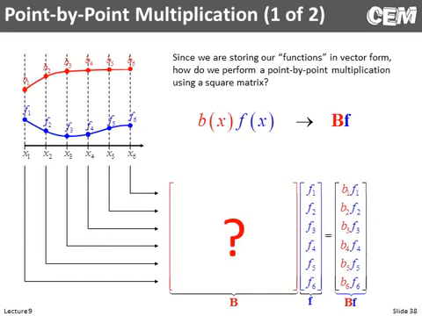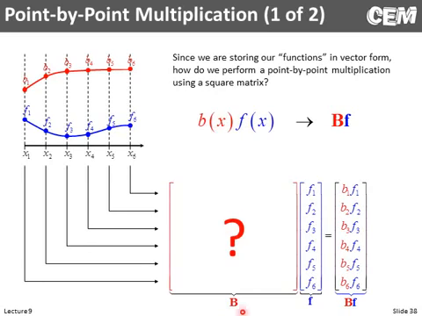The first and simplest of the matrix operators is a point-by-point multiplication. So we're going to store our function in a column vector. That'll be the f's. This is an operation being performed onto f. We are doing a point-by-point multiplication of this function b.